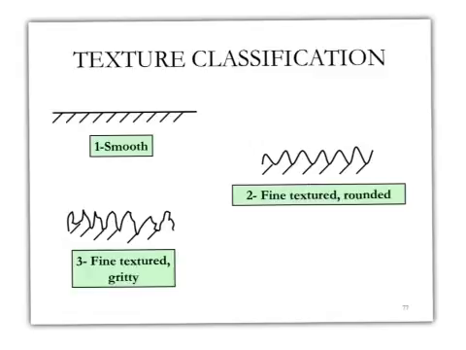The very first one is a very smooth surface. Going to the second classification, which is fine textured but rounded. What does that mean?